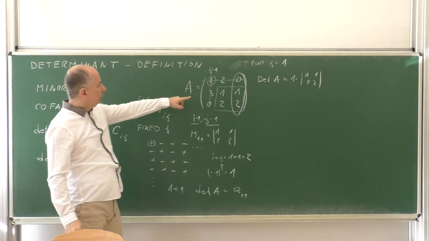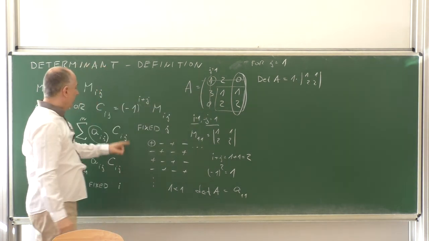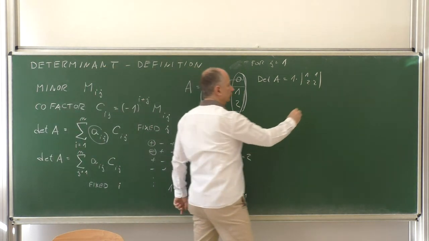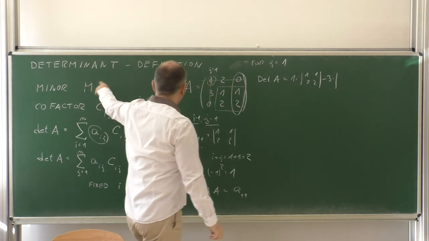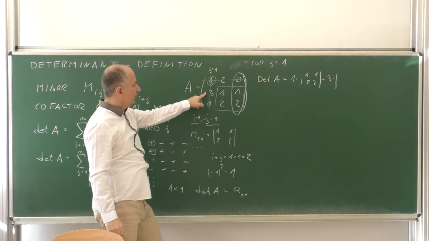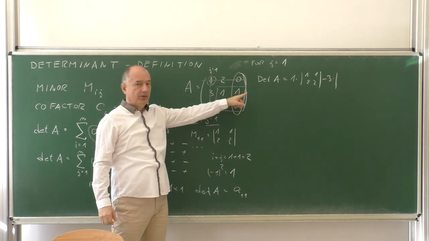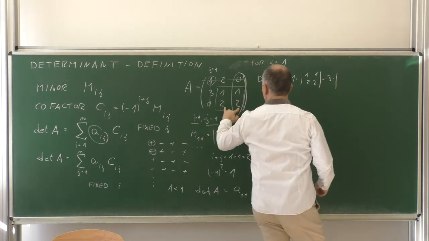Then we move to the next entry in the chosen column, which is 3, but we must multiply by minus 1. And the minor is the determinant of this matrix when we delete the first column and the second row. So what remains is 2, 0, 2, 2.